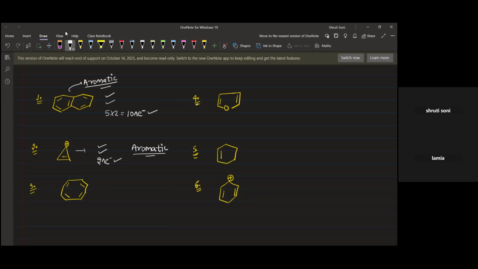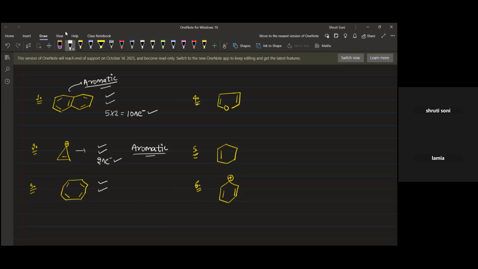Third one, cyclic or not? Yes, first check. Second thing, hybridization. Yes. And how many pi electrons?